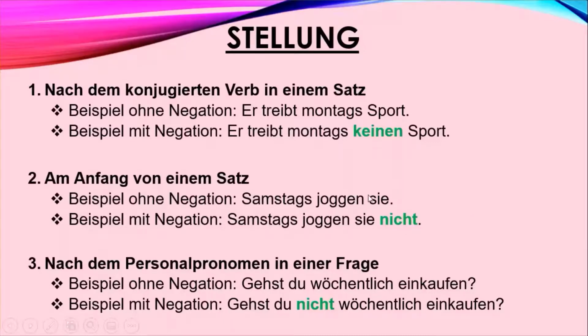Note that joggen has been taken from the English language in the sense that the pronunciation of the German alphabet J is still J and joggen is to jog. They jog on Saturdays. Beispiel mit Negation. Samstags joggen sie nicht. They do not jog on Saturdays.